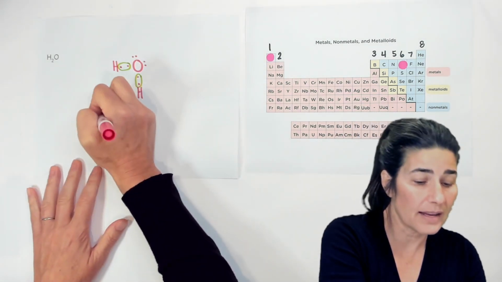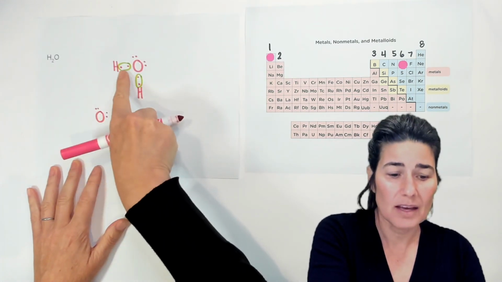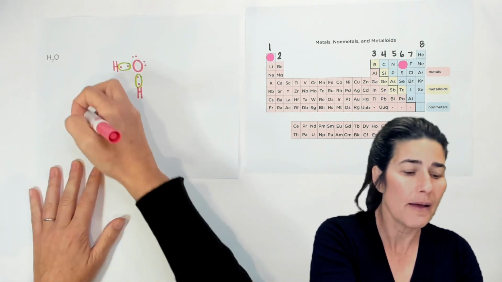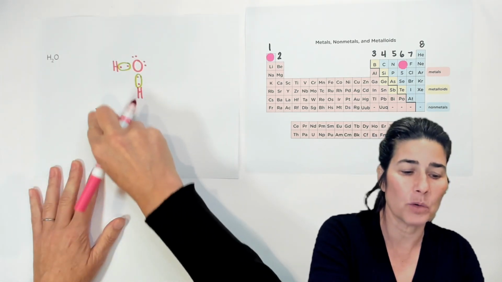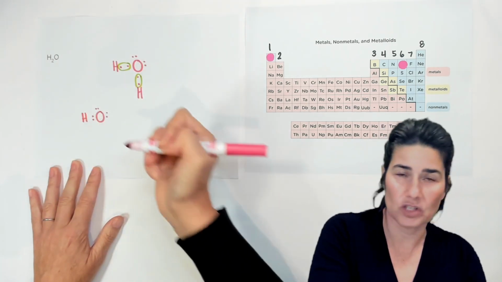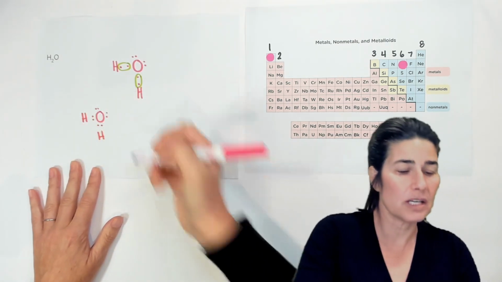If I do that, I could redraw water as a dot structure with 2 dots, not left and right, but top and bottom, like again, we're completing a square around oxygen. And then we have hydrogen. On the bottom, we have 2 dots and hydrogen here.